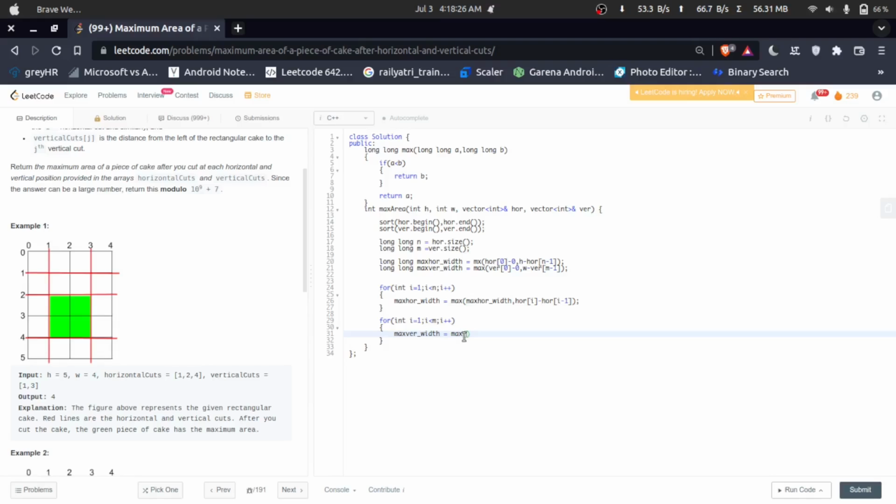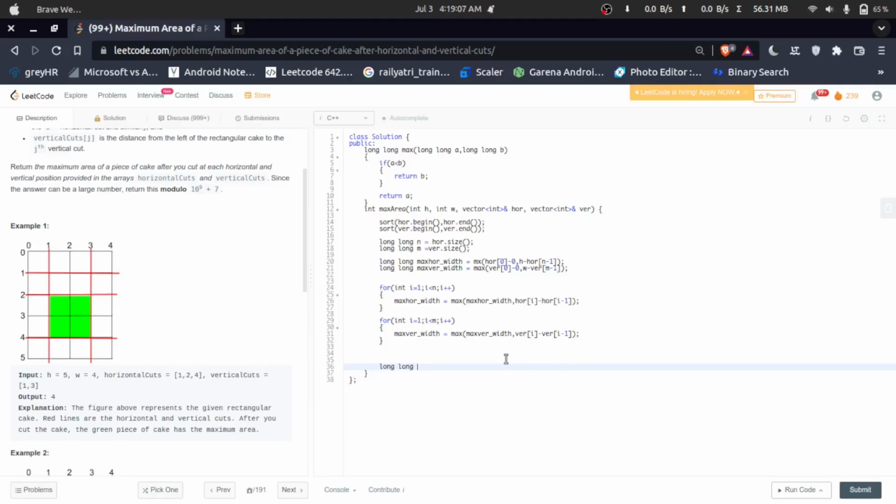I have to take the max of the max vertical width of that, which will be the vertical of i minus vertical of i minus 1, that part.